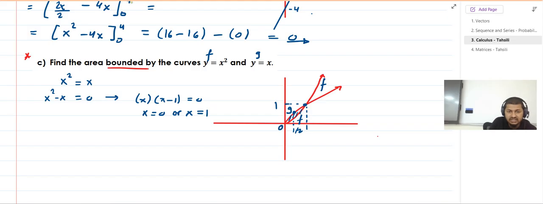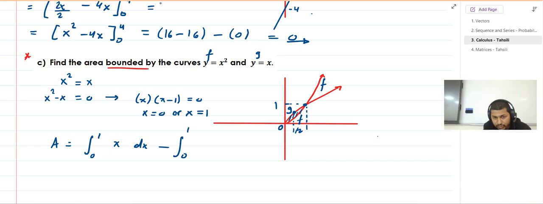So how do we find the area? The area is equal to the integral from 0 to 1 of the top function, which is a straight line function, x dx, and subtract the integral from 0 to 1 of the bottom function, x squared dx.